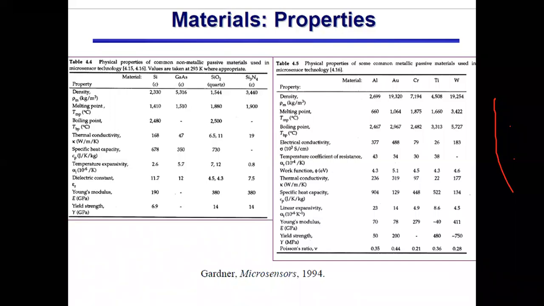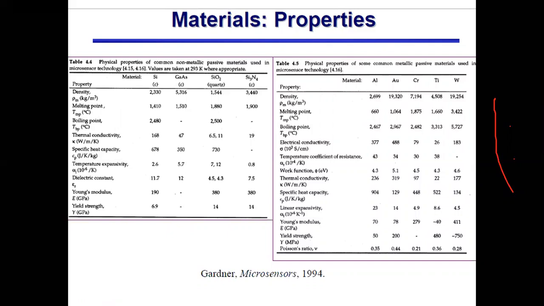So these are very important, and you have to go through books or papers, or look for these tables and find out these values, for example the Young's modulus, coefficient of thermal expansion, etc.